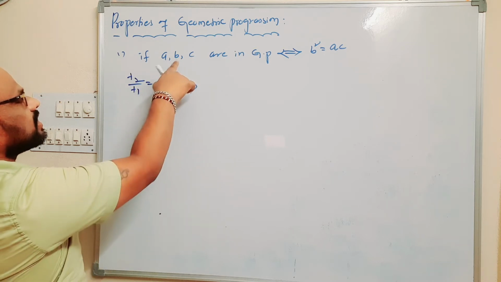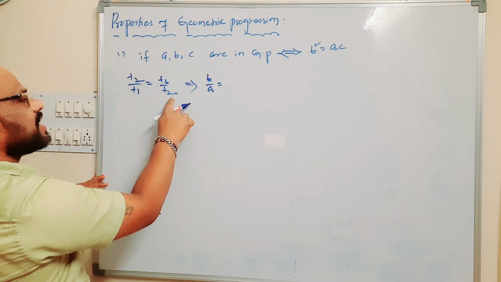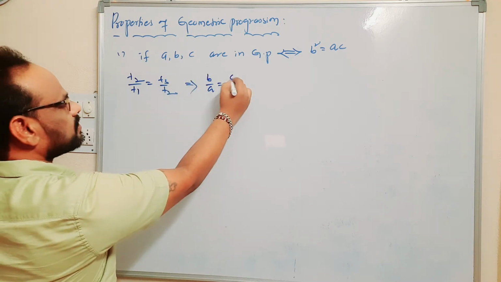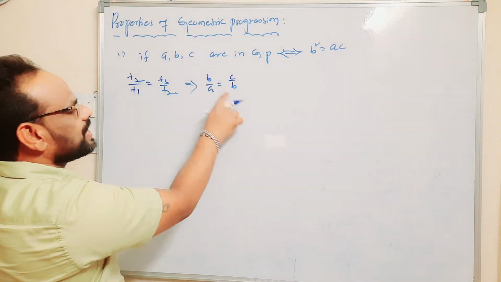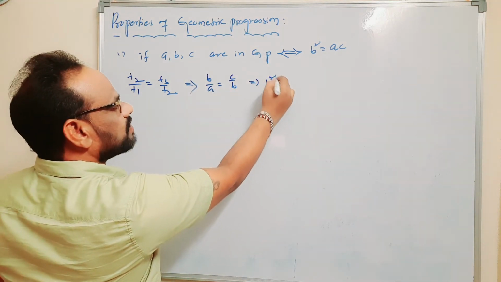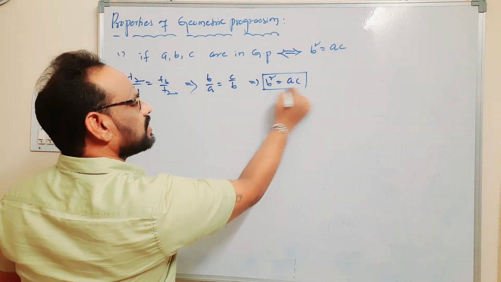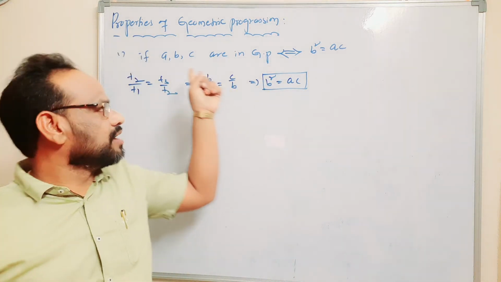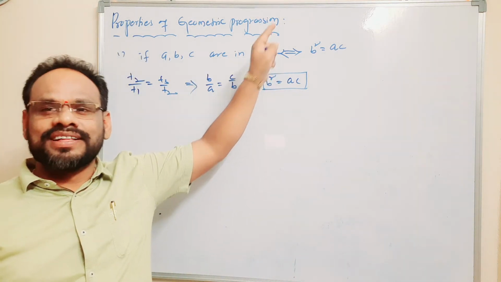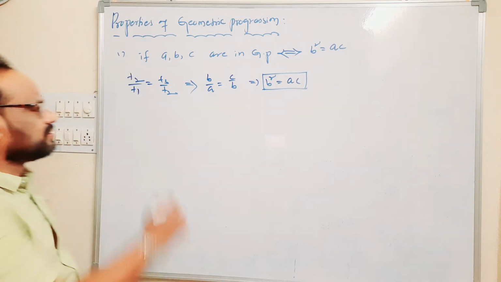T2 by T1 is B by A, which is equal to T3 by T2, that is C by B. If you do cross multiplication here, B into B, that is B square, is equal to A into C. If A, B, C are in geometric progression, then B square is equal to AC. Let us discuss one example here.